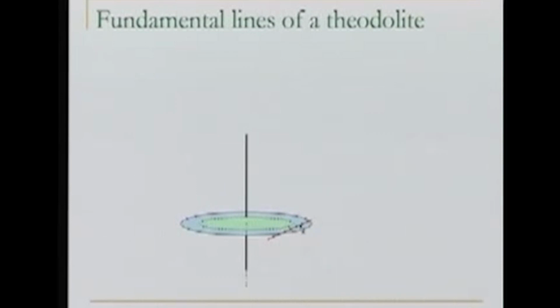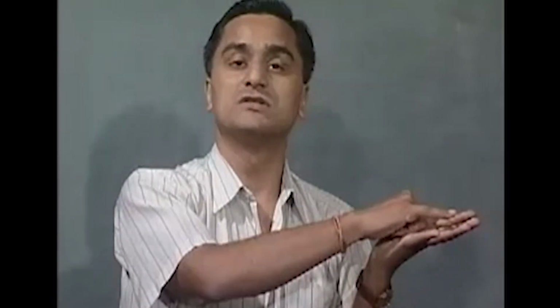Then further, we have not only the horizontal circle but on top of that the vernier frame with two indices, index A and index B, or vernier A and vernier B, to take the readings. So we have this another frame.